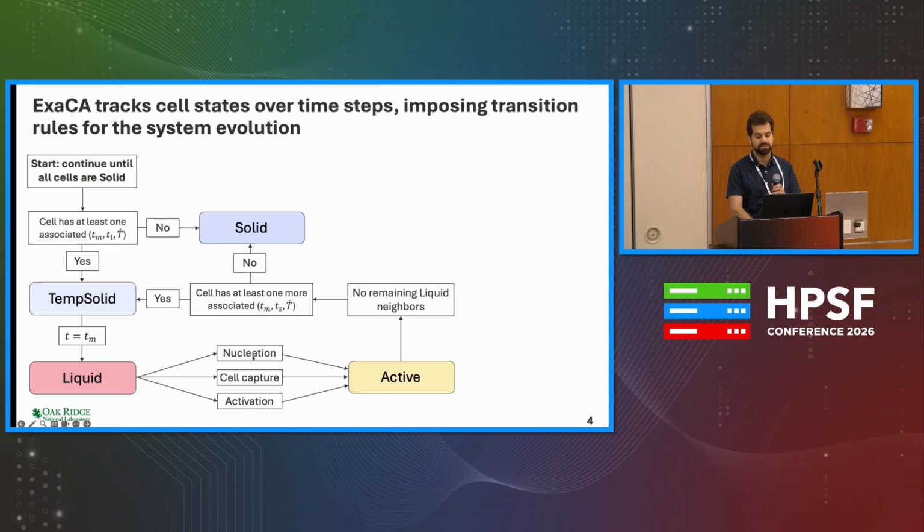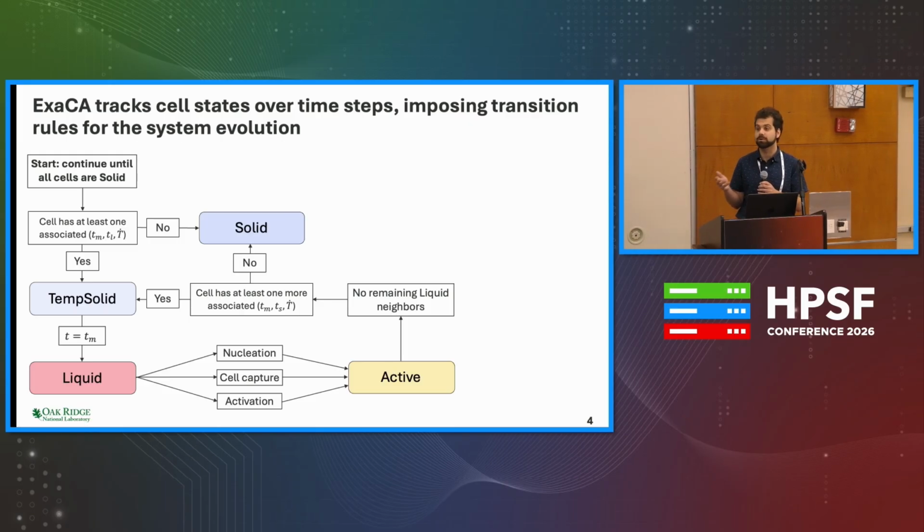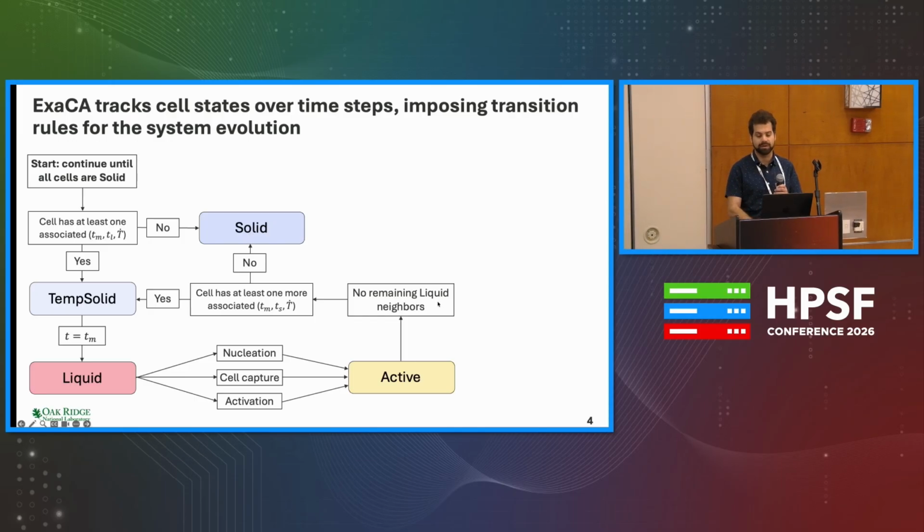The liquid cells can become active through one of three processes. The active cells are the cells where most of the work is being done. The interface is being tracked in those cells. But when those cells no longer have any liquid neighbors, that cell is then going to be assigned to either, again, the temporarily solid state or the solid state.